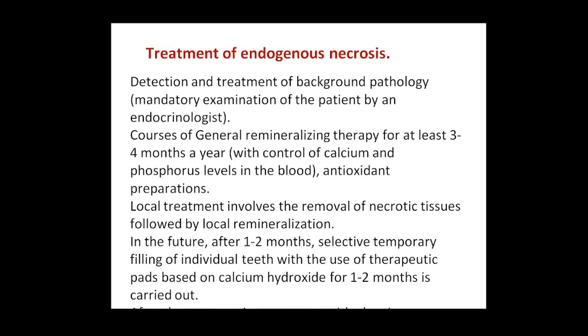Courses of general remineralizing therapy for at least 3 or 4 months a year with control of calcium and phosphorus level in blood. Antioxidant preparations. Local treatment involves the removal of necrotic tissue followed by local remineralization.